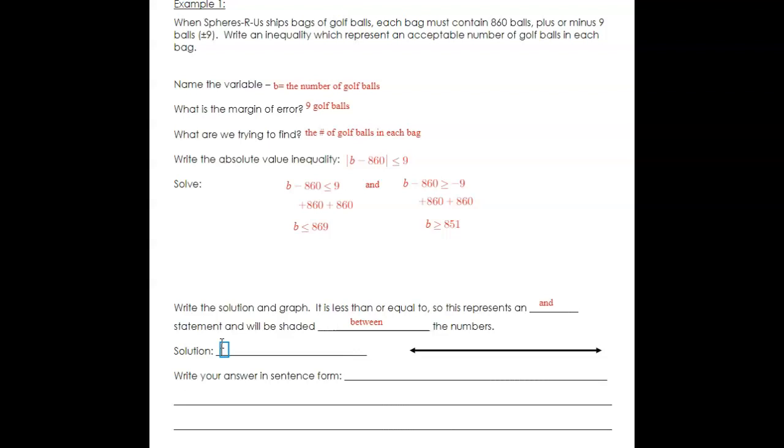Your solution is your lower number, which is 851. 851 is less than or equal to your b values, which is less than or equal to 869. And for your shading, I'm going to use the drawing tool. So we've got two numbers.